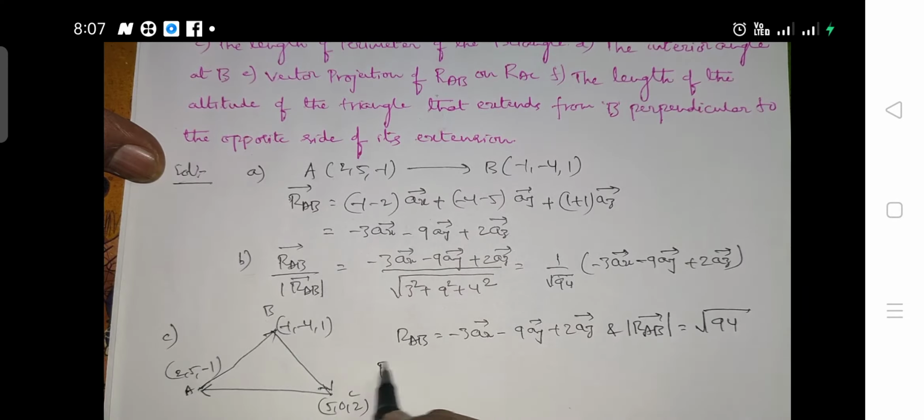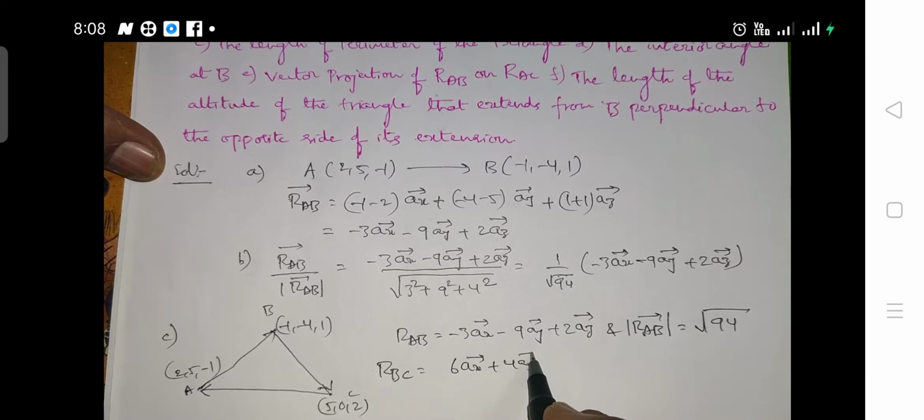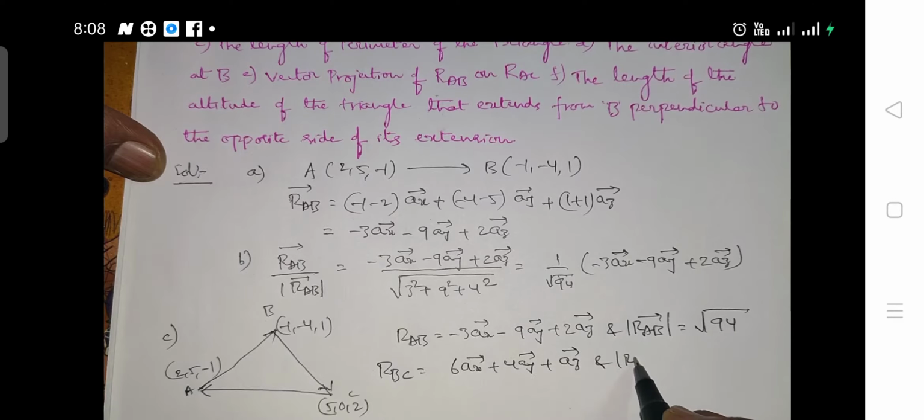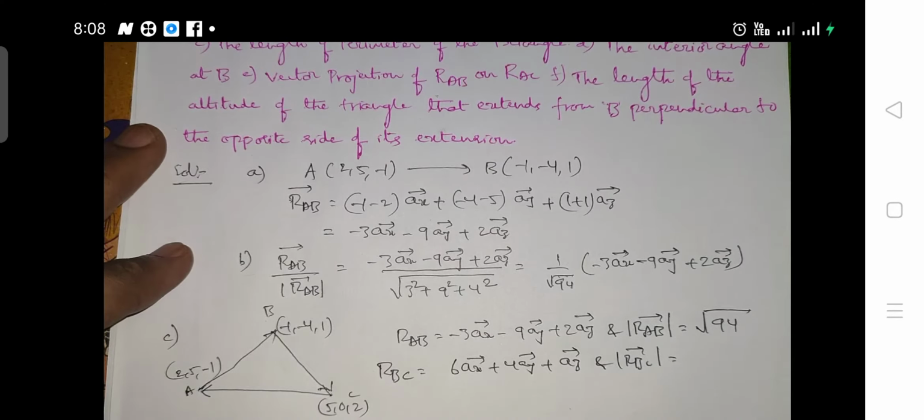Similarly, the vector RBC is obtained by subtracting the corresponding components: 5 plus 1, 6 ax bar, 0 plus 4, 4 ay bar, 2 minus 1, 1 az bar, and the magnitude of RBC is the square root of 53 units.